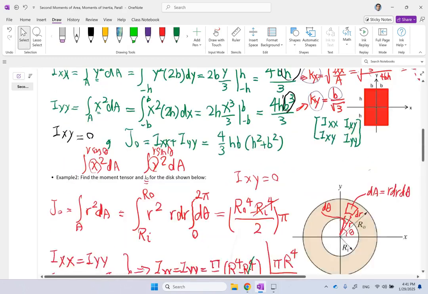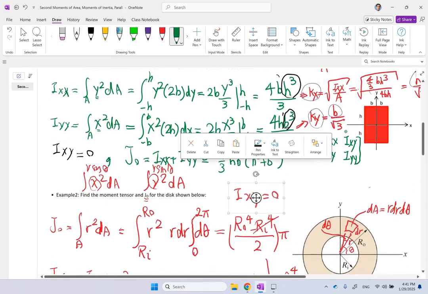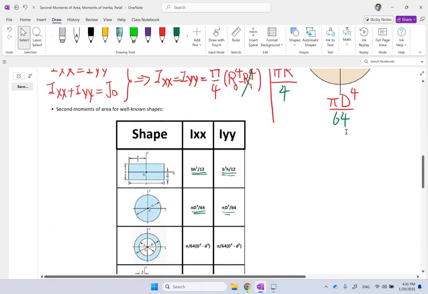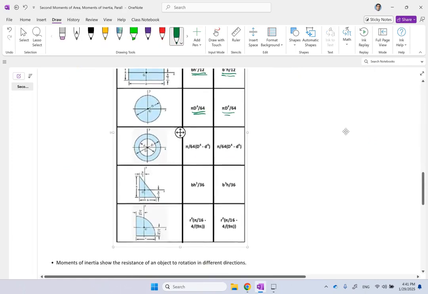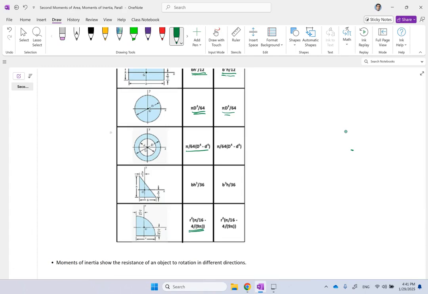Those formulas that I told you, where b and h are the entire width and the entire height. And this is the one for the disk that we just derived. And then here you have it for a quarter circle and for a triangle.